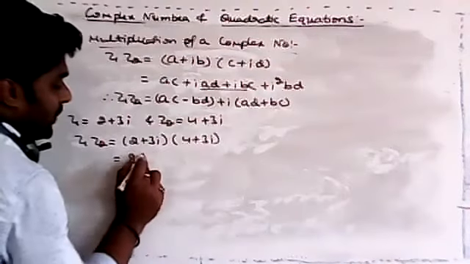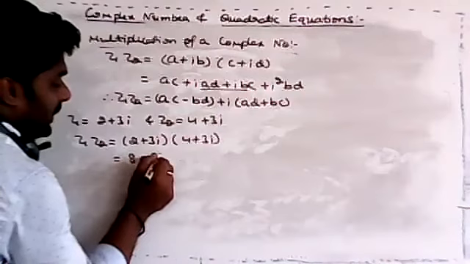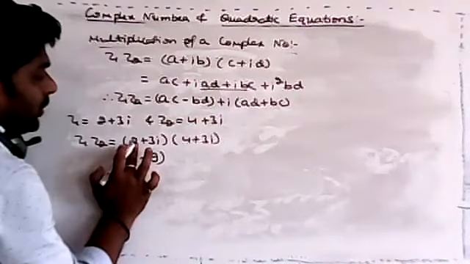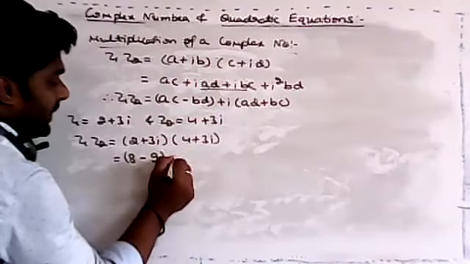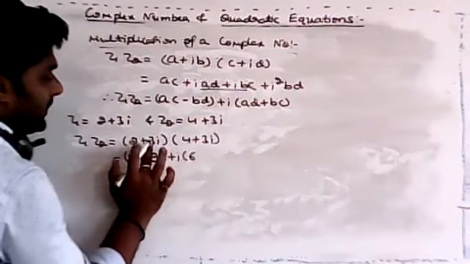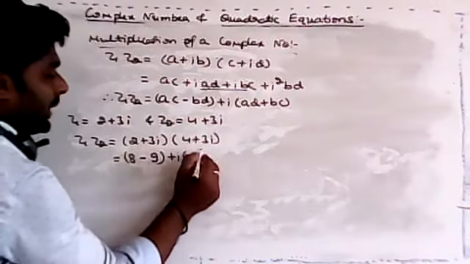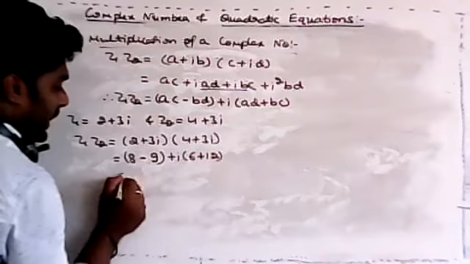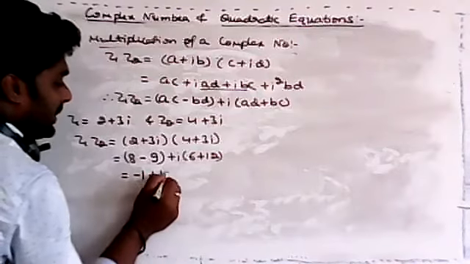I square is minus, no? Minus 3 square is 9. Next, the imaginary part: 2 into 3i is 6i, I am taking 6 outside, and here 3 4s are 12, plus 12. The answer is minus 1 plus 18i.